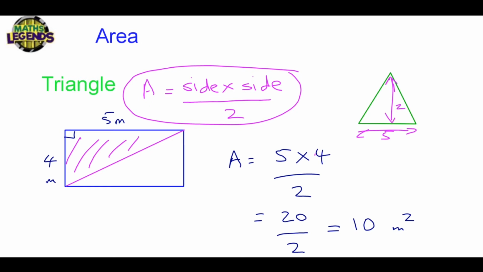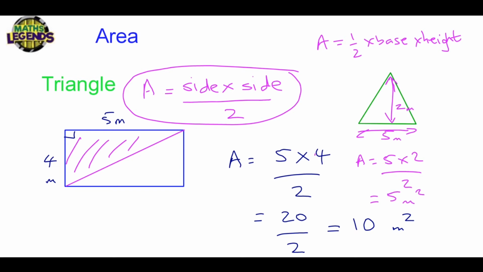It was 2. So here the area would be given by area equals a half times base times height. For this question, it'll be 5 times 2 all over 2, which is equal to 5. If this was in meters, it would be 5 meters squared.